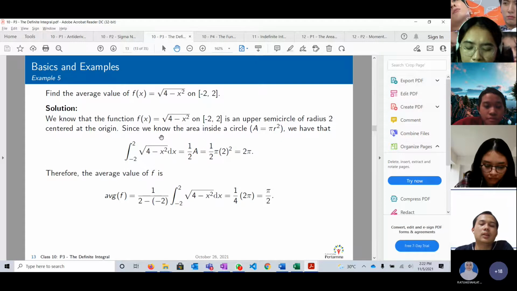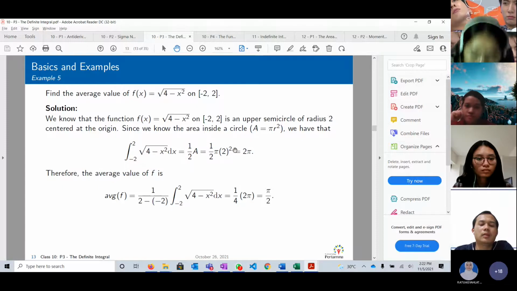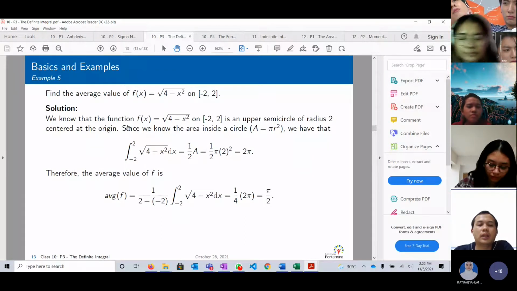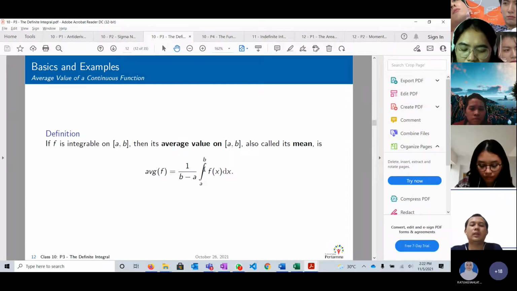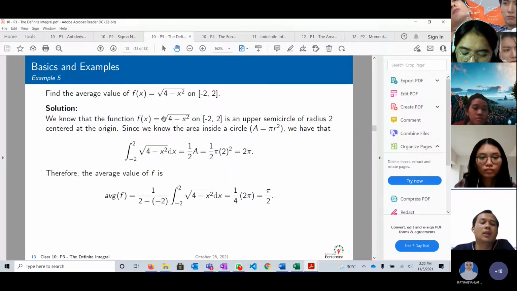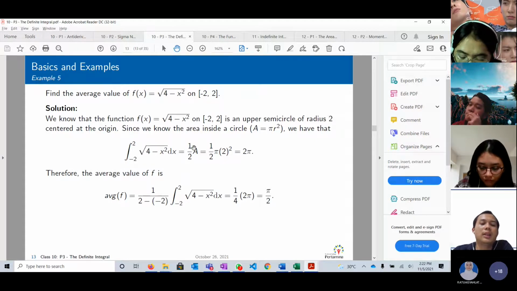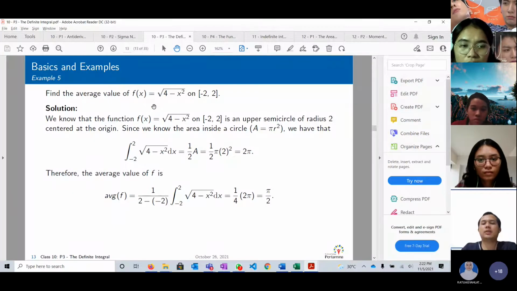So in this case, we basically know that the area, yeah, you see that here we have the definite integral, and if f is always positive, like in this case, then basically the integral of f over the interval is basically the area. So here we have that f of x is basically upper semicircle of radius 2.